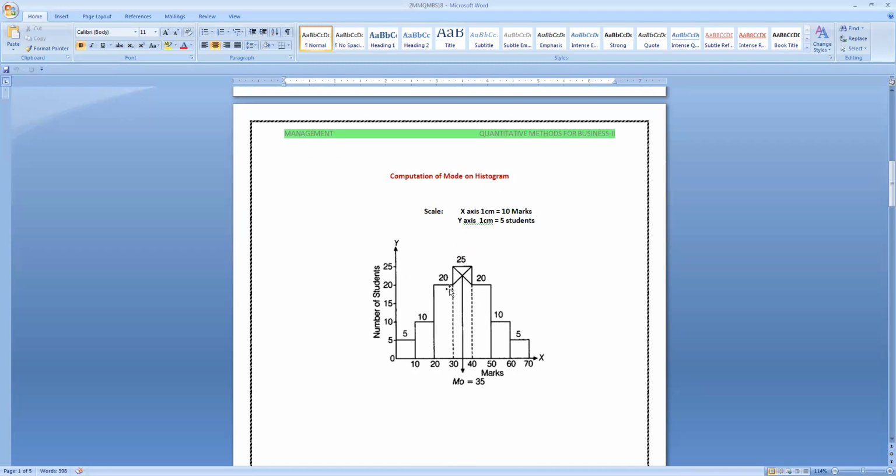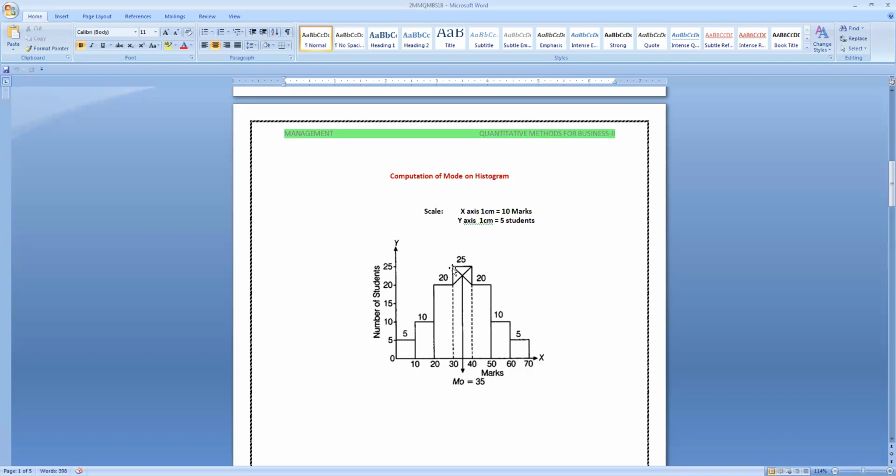Now we have already constructed the rectangles here. Then we have to go for locating the value of mode. The value of mode we have calculated is 35 marks, which falls in the class interval of 30 to 40.